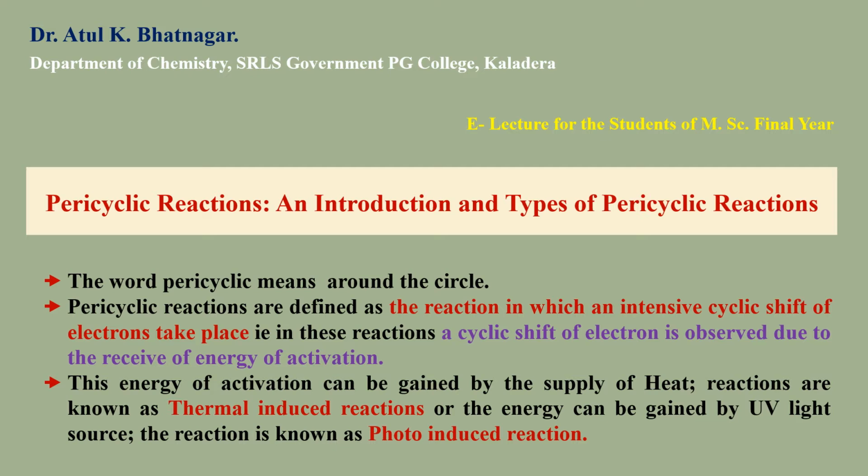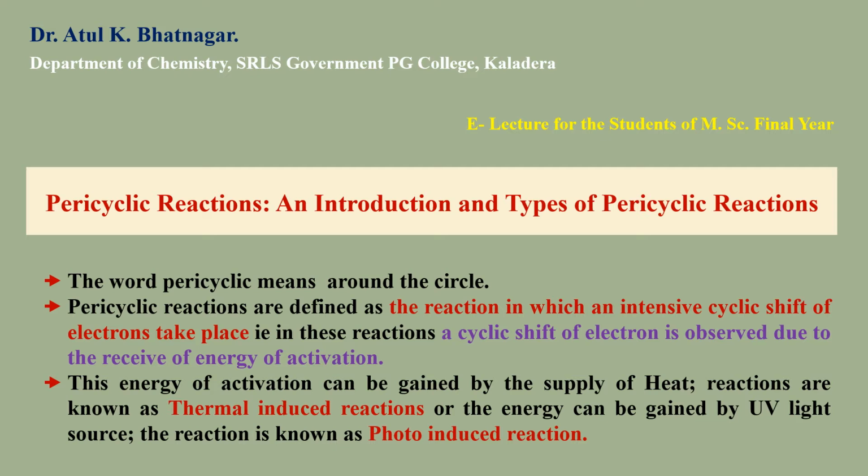Since the energy is being provided by UV light, that is photons, it is known as a photo-induced reaction. These are the basics of what pericyclic reactions are and how these reactions take place.